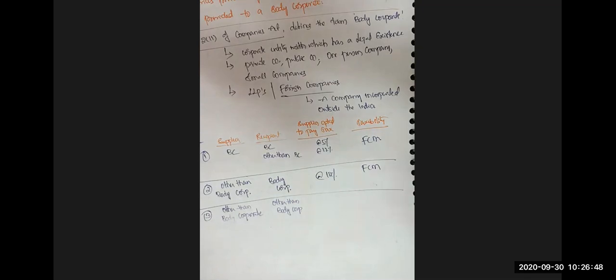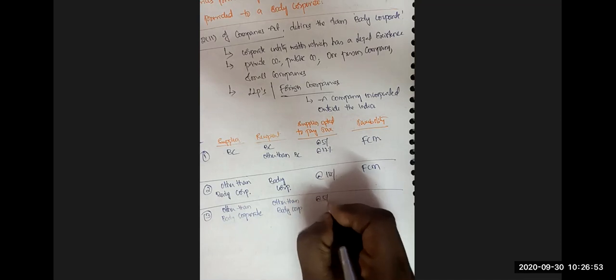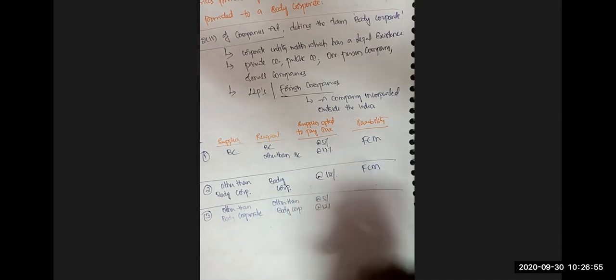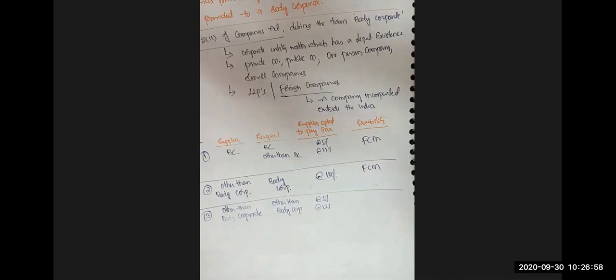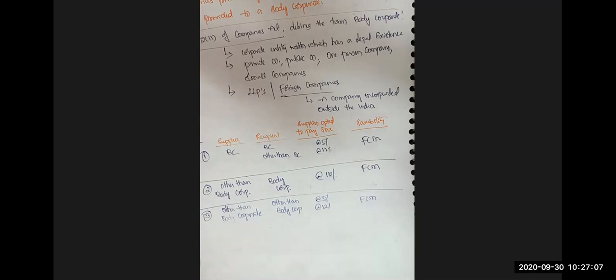Whether the supplier opted for 5% or 12%, in both cases, is the supply taxable under forward charge mechanism or reverse charge mechanism? Again, forward charge mechanism, because the recipient status is other than body corporate. Right? Next.